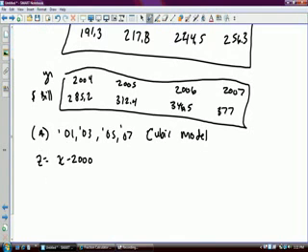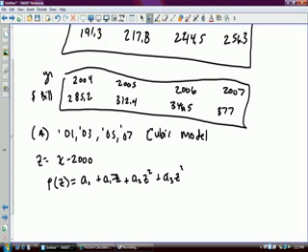And so my equation is now going to be p of z. And so it's going to be a naught plus a1 x, or I'm sorry, z, plus a2 z squared plus a3 z cubed.